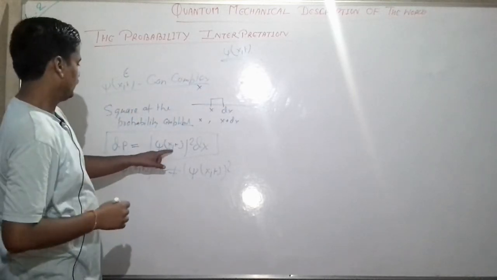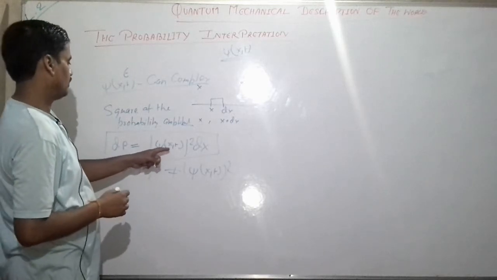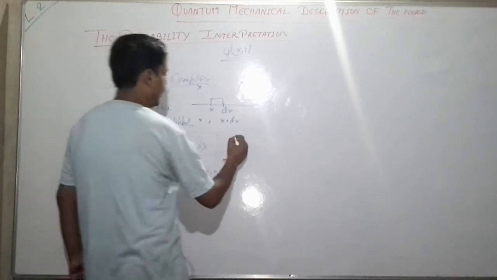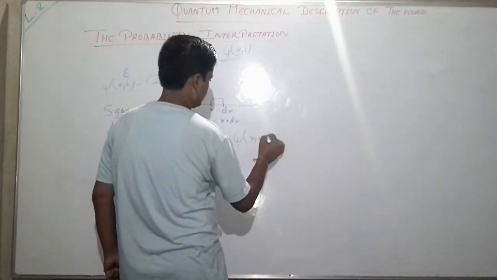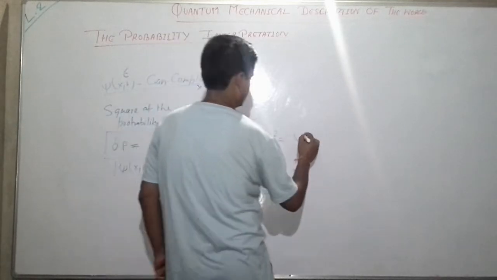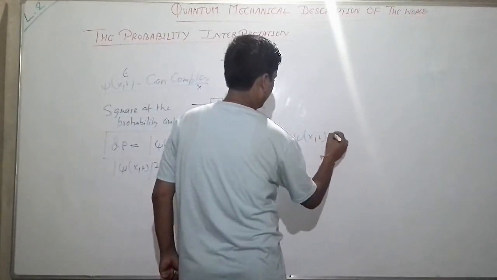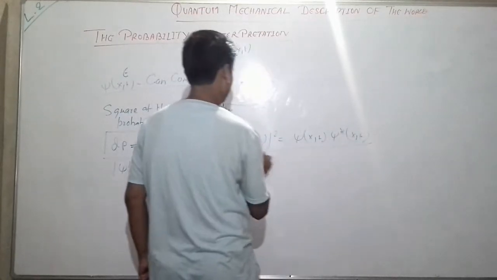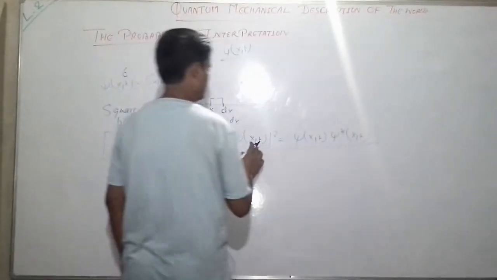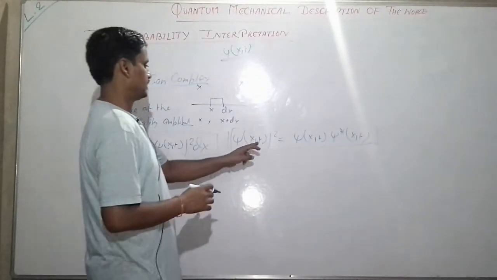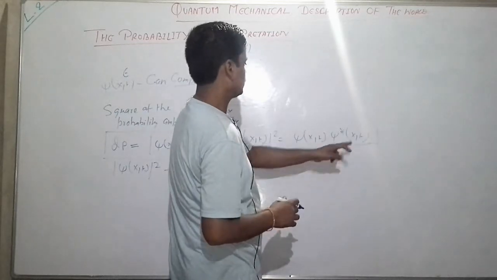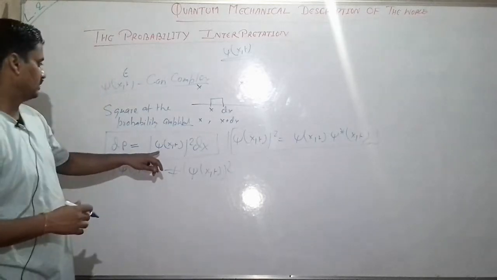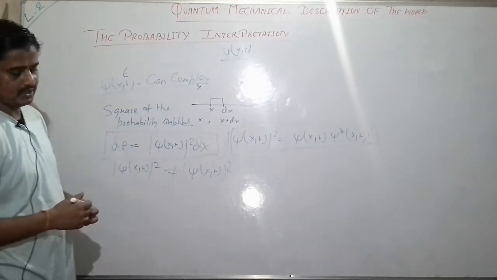That's why there is a modulus: the square of the modulus of psi(x,t) is the wave function multiplied by its complex conjugate. So this is what it means.